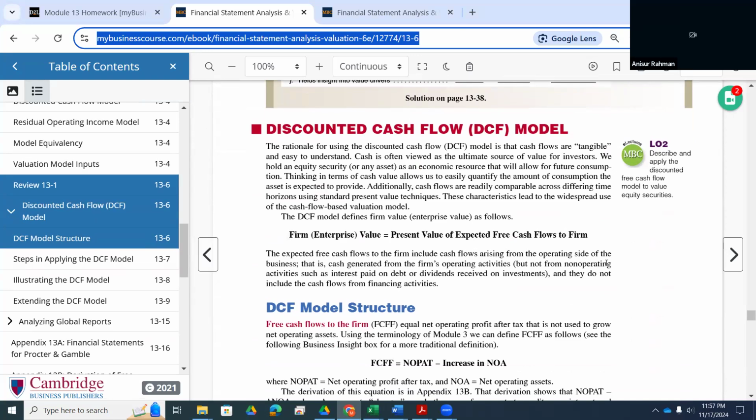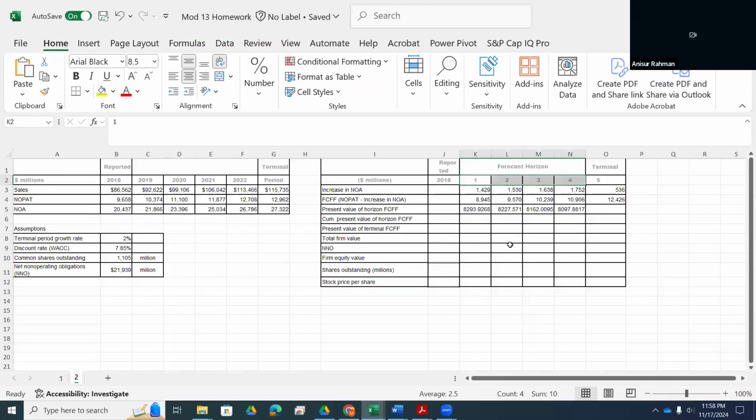We assume that a company will continue to generate free cash flow in perpetuity, but we cannot forecast cash flows forever. So we make some simple assumptions, and we say that after the forecast horizon, in this case after year 4, our free cash flow will grow at a constant rate, which we will denote with the letter G.